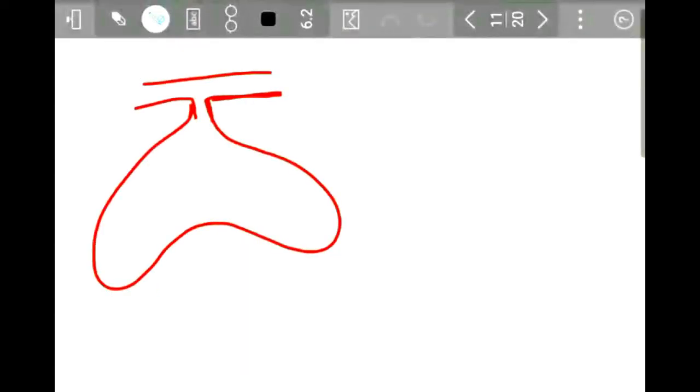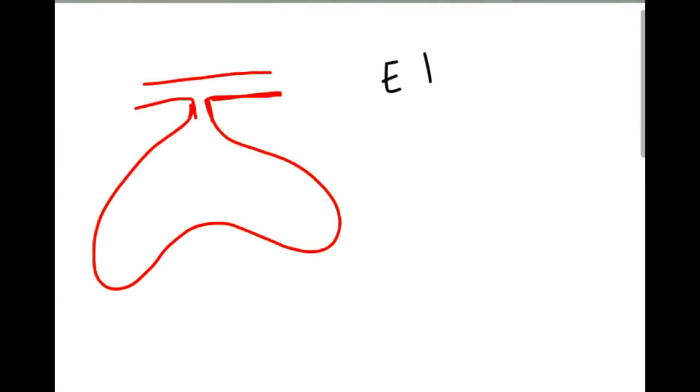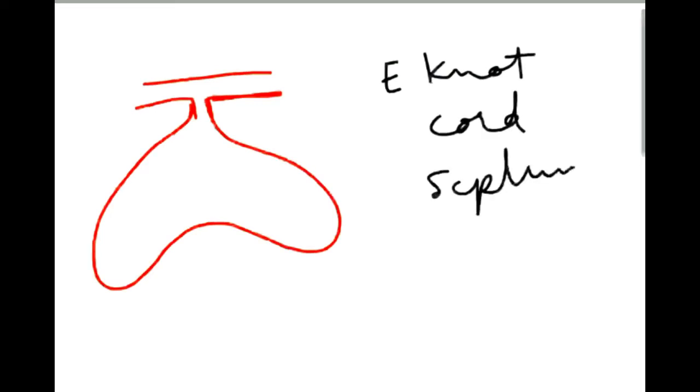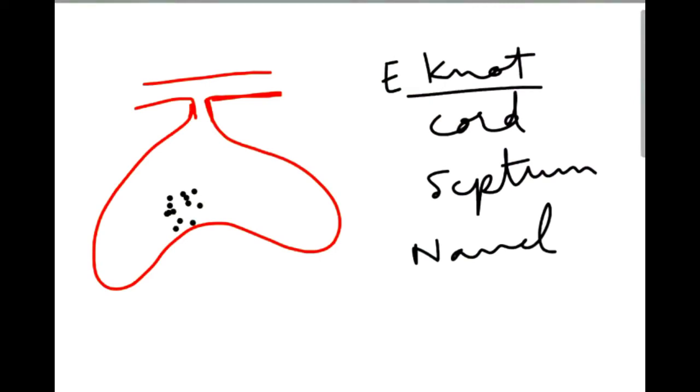In the cap stage, there are a few transient structures which are present. These are enamel knot, enamel cord, enamel septum, and enamel navel. Now, what is enamel knot? In the center of the enamel organ, there is a group of densely packed cells called the enamel knot.